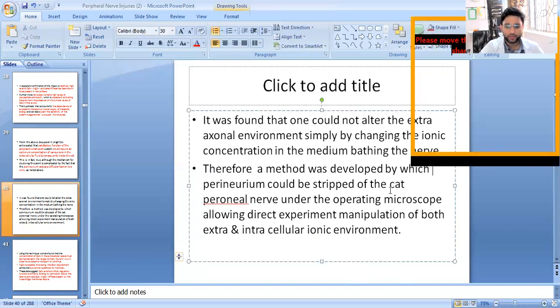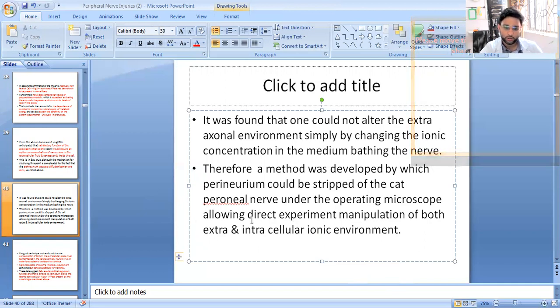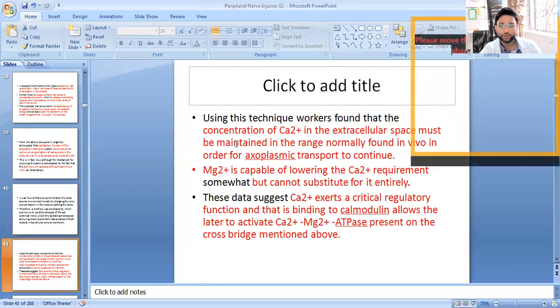Therefore, a method was developed by which the perineurium could be stripped from the cat peroneal nerve under the operating microscope, allowing direct experimental manipulation of both extra and intracellular ionic environment. Using this technique, workers found that the concentration of calcium in the extracellular space must be maintained in the range normally found in vivo in order for axoplasmic transport to continue.